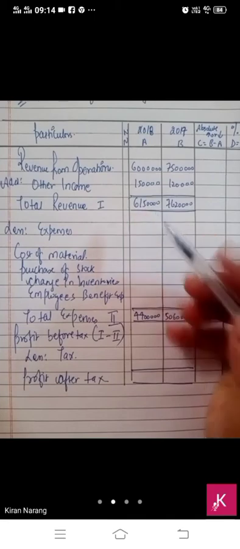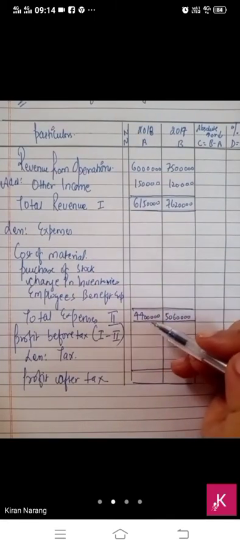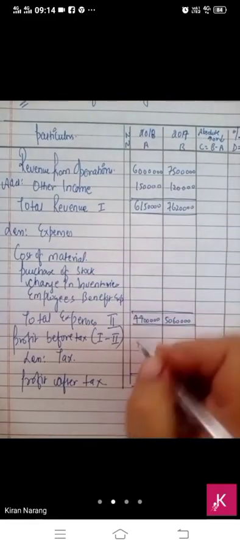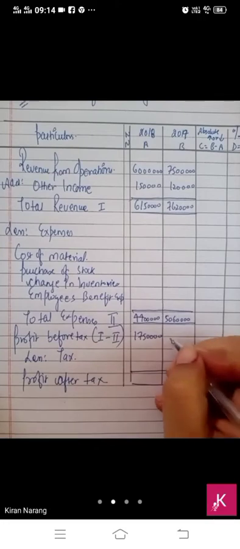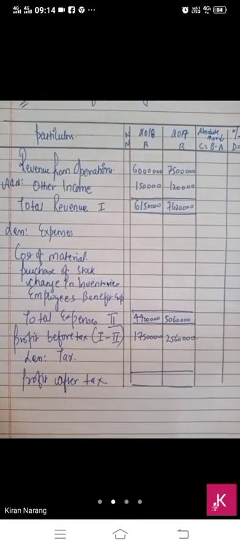Now deduct total expenses from total revenue. First minus second. You will get the profit before tax: 17 lakh 50,000 and 25 lakh 60,000. Now tax rates are different for different years.